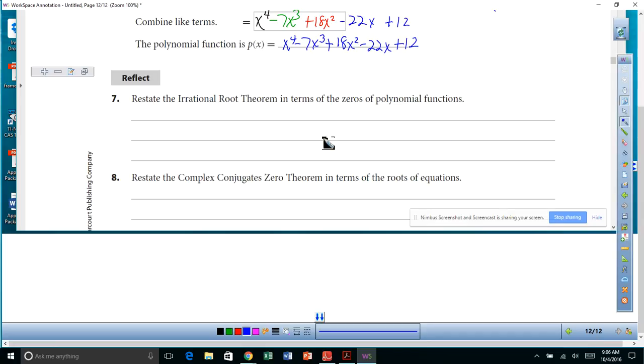So that was the irrational root theorem. Basically, it says they come in conjugate pairs.